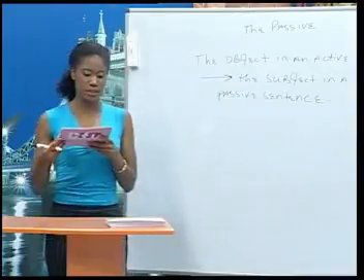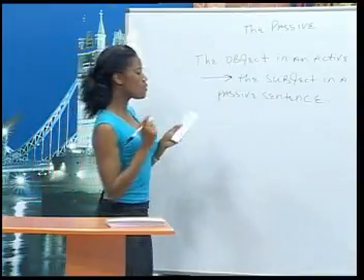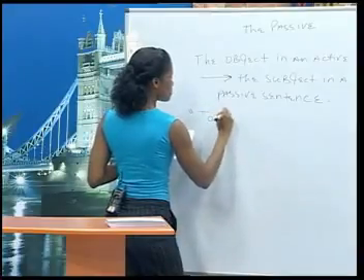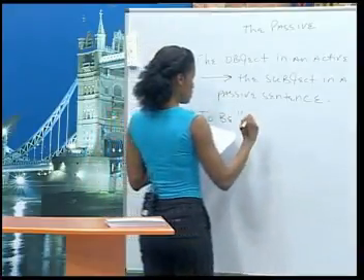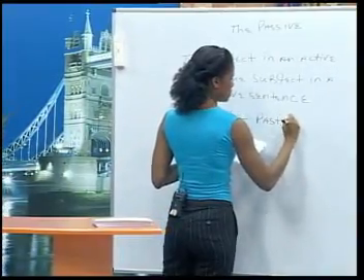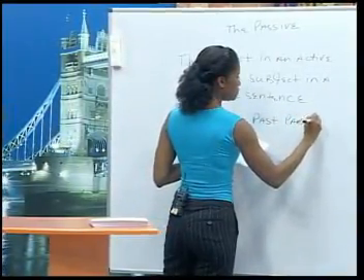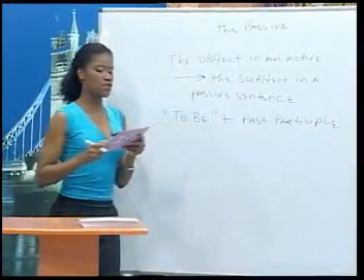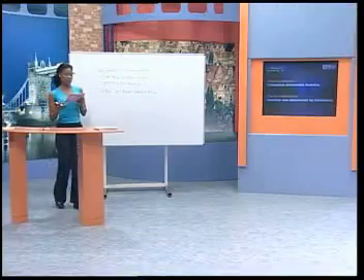object. Okay, the form for all passive verbs is the verb to be plus the past participle. Okay, so be can be in any of its forms.